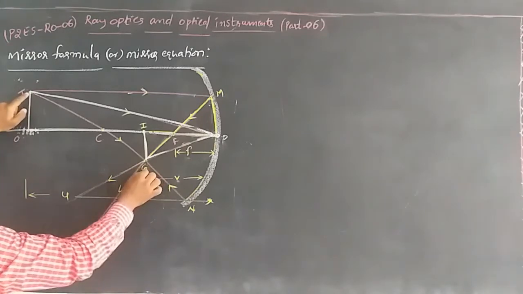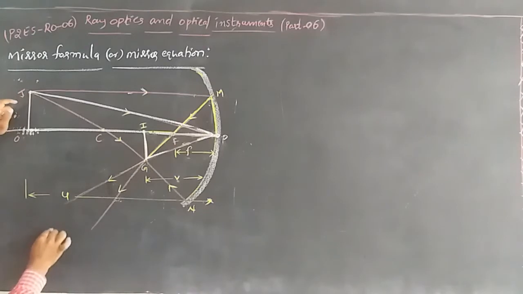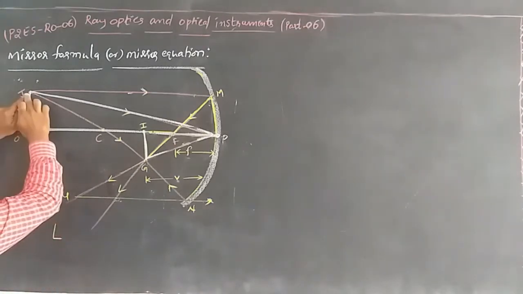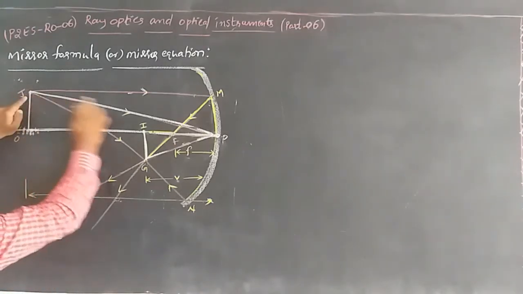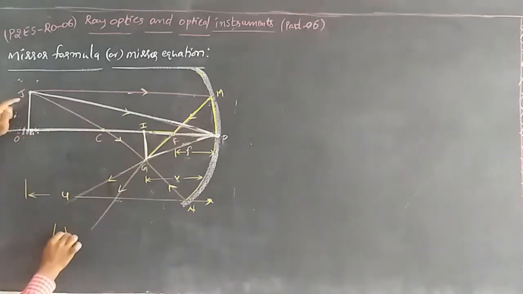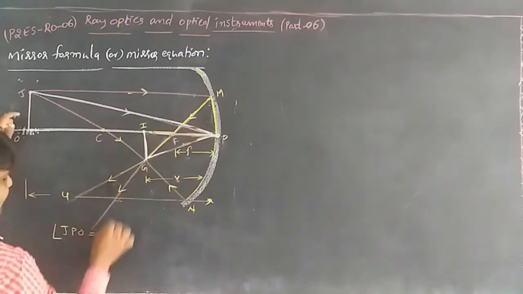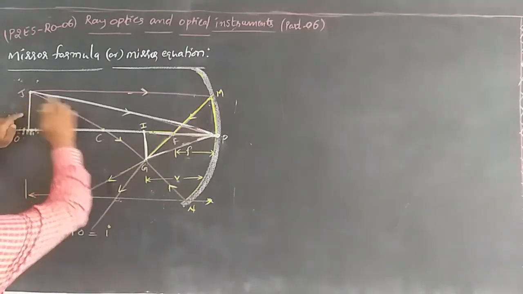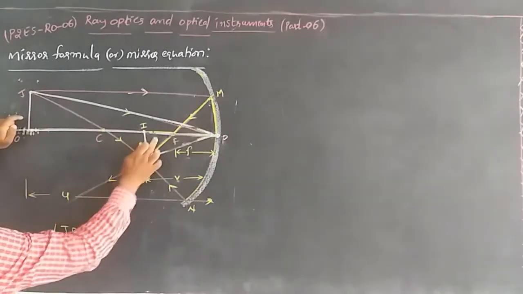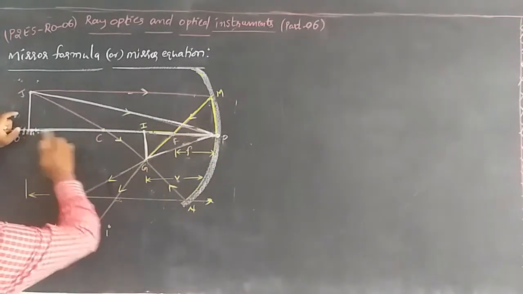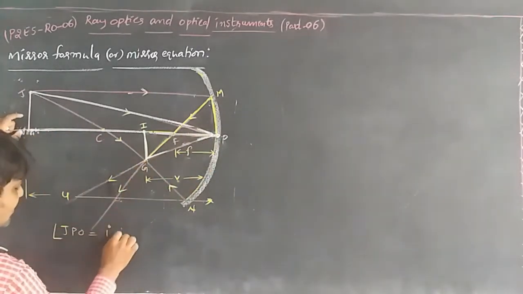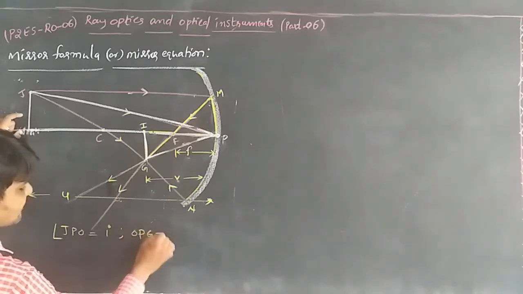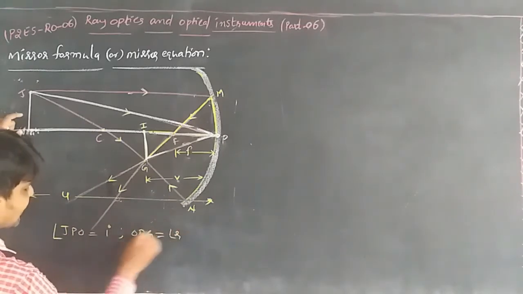According to this, the angle of incidence is JPO, and the reflected angle is OPG.